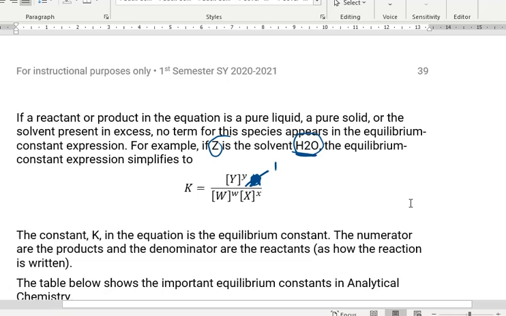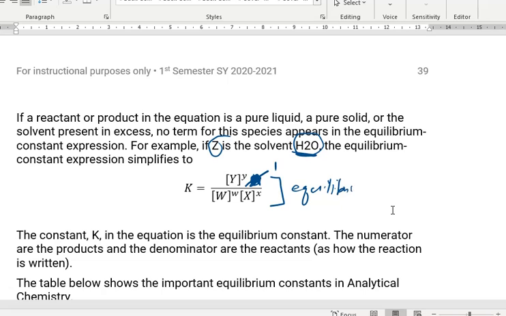Same with solids, okay? So, don't forget these concentrations are equilibrium concentrations. Equilibrium concentrations. Don't forget that, okay? And that's products over reactants. So, for every reversible reaction that reaches equilibrium, there is an equilibrium constant.